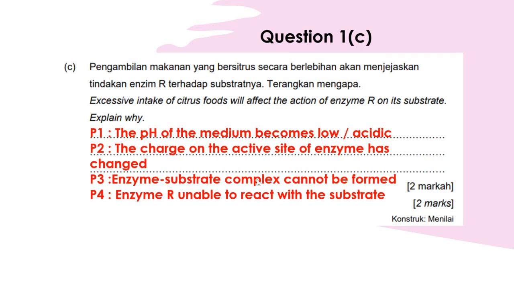And the last point is enzymes are unable to react with the substrate. This occurs when there is excessive intake of citrus food. So this is how citrus food affects the action of enzyme R on the substrate. That is the answer for question 1C.